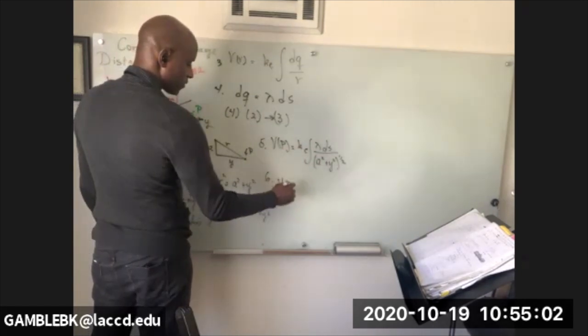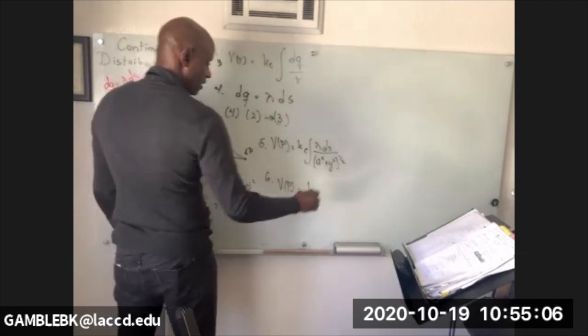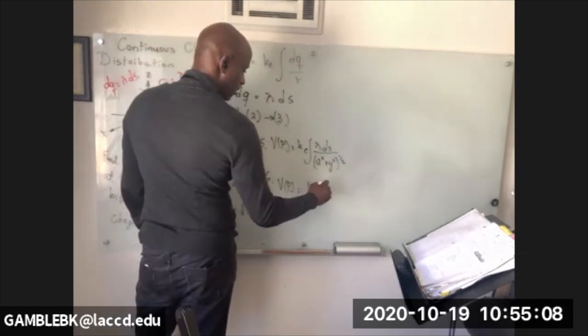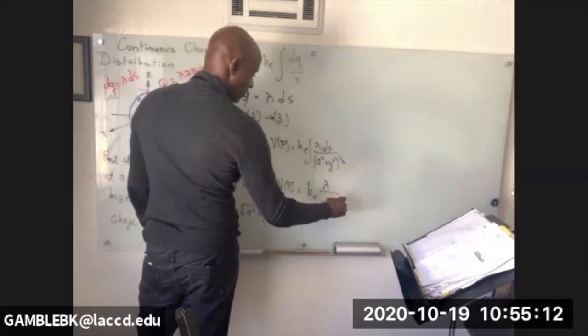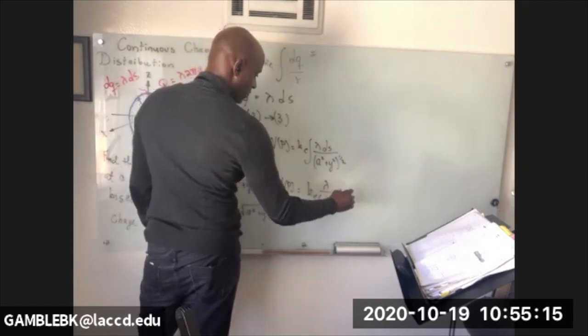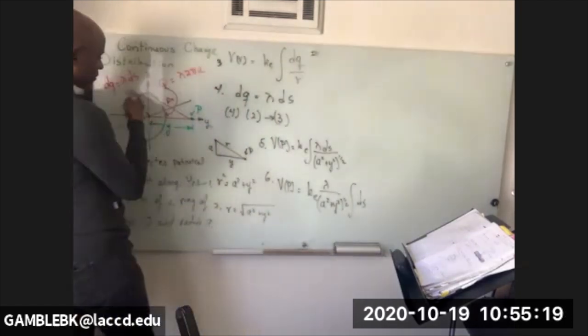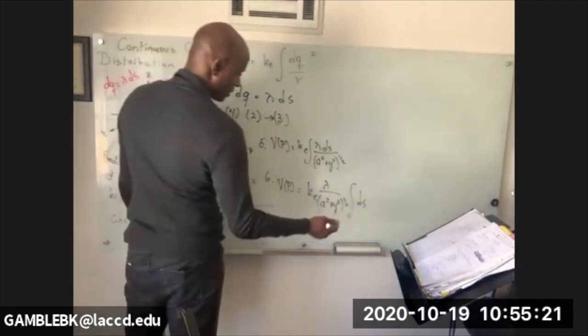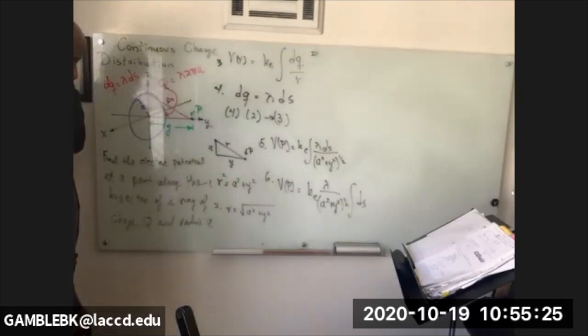And so V at P is equal to k sub B lambda over a squared plus y squared to the 1/2 times the integral of ds. And basically, ds goes all the way around. Technically, you would break that up into an r d theta.